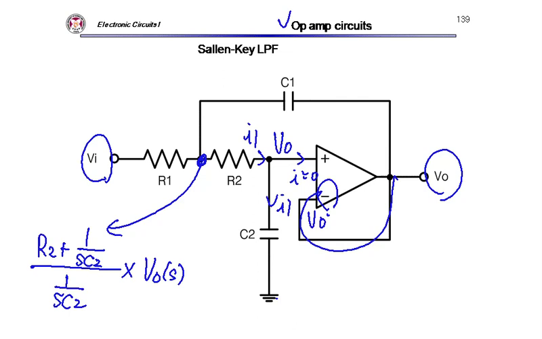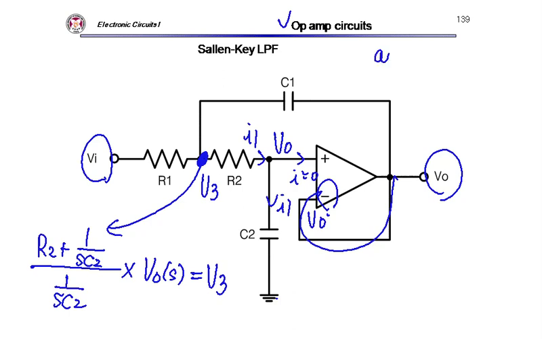Then I can apply KCL at this node, which I will call V3. Then I can find the transfer function of the second order low pass filter.